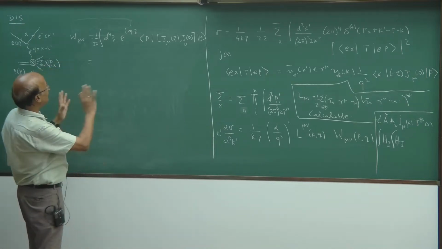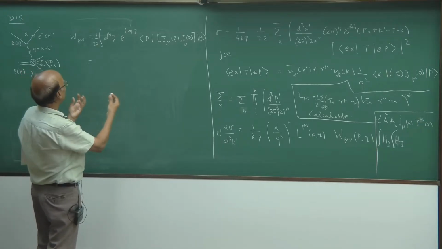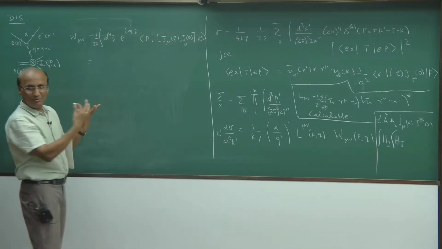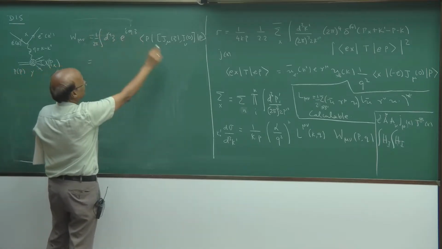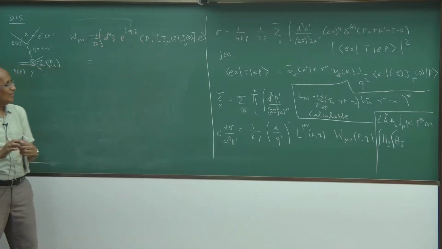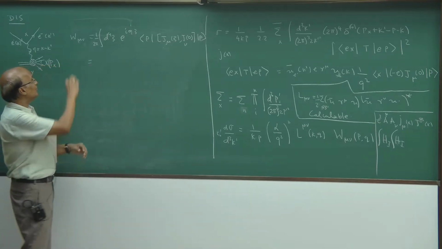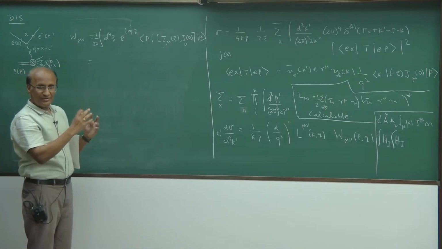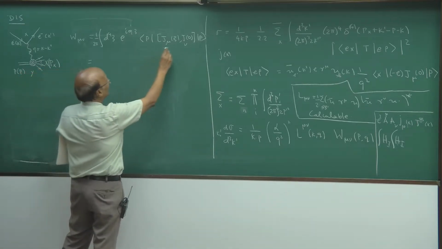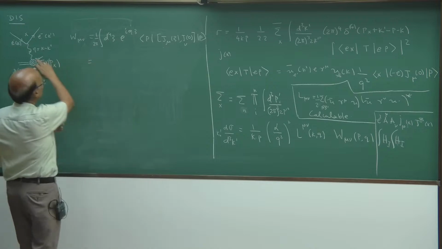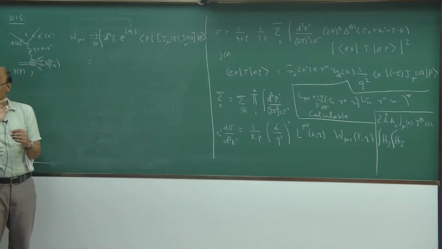I will just use this tensorial decomposition, meaning noting that this is a rank 2 tensor, and these are two electromagnetic currents. They are vectors. So W mu nu is a rank 2 tensor, and you can show that if you consider the electromagnetic current, it will be symmetric in mu and nu.